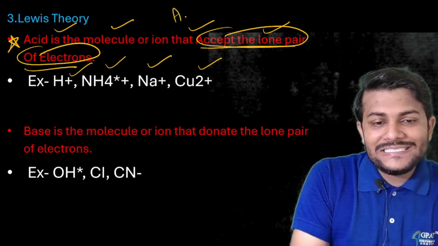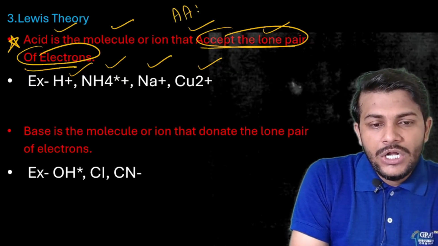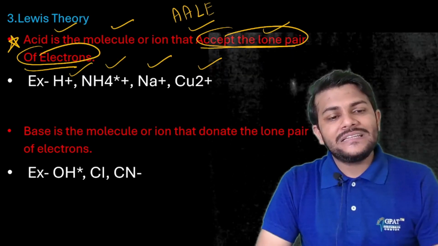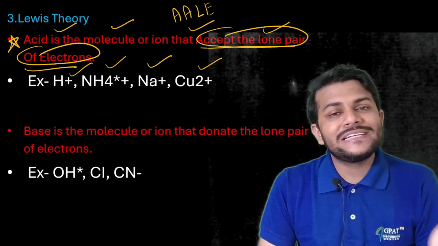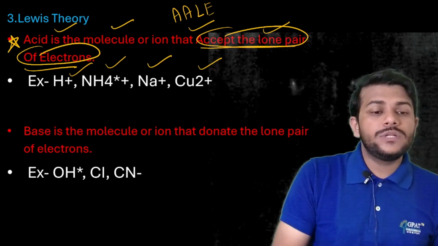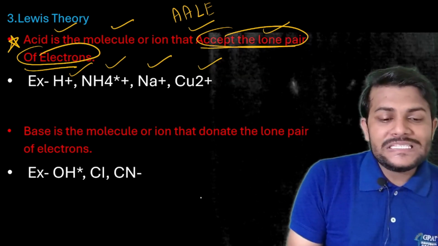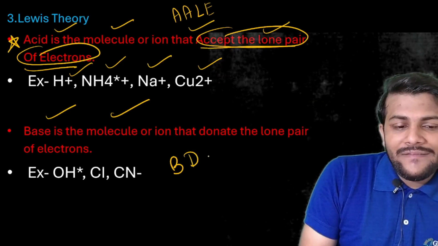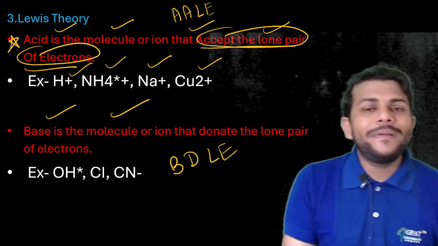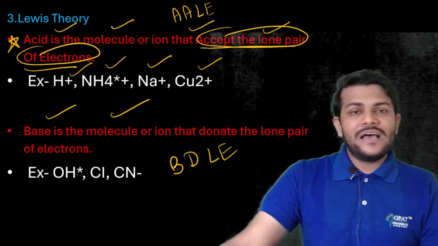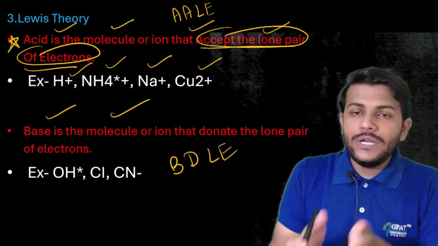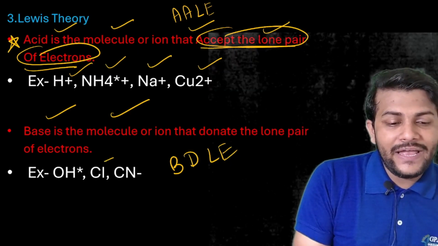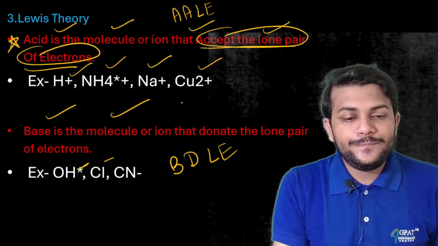Means acid can accept the lone pair of electrons, ALPE. Bases are the substances that can donate the lone pair of electrons, BDLE. Examples are OH negative, chlorine negative, and CN negative.